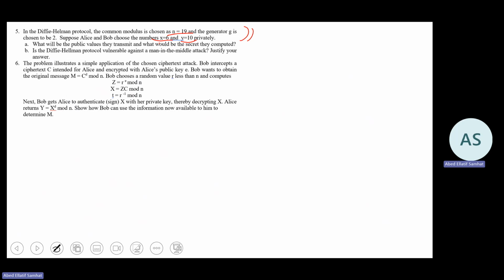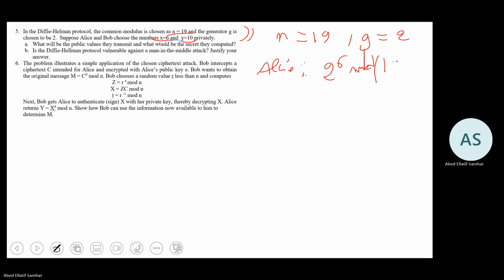It's also a simple example where, in this case, N equals 19 and the generator, or alpha, is equal to 2. Alice selects 6, so Alice will calculate 2 to the power 6 mod 19.